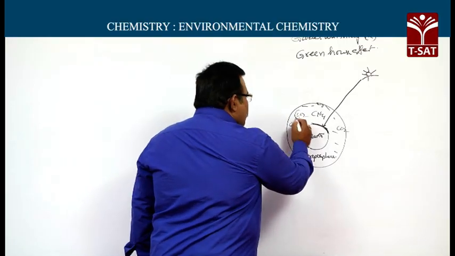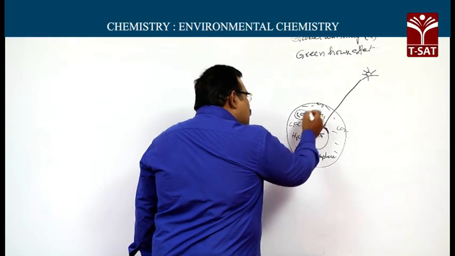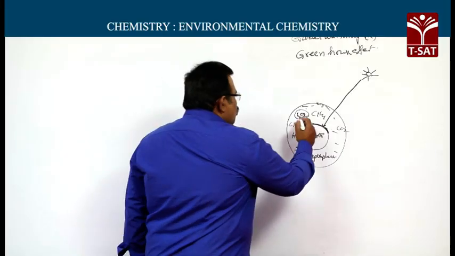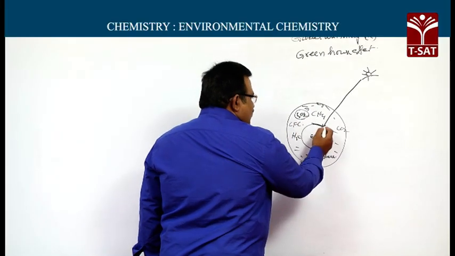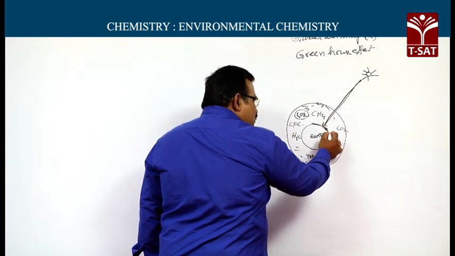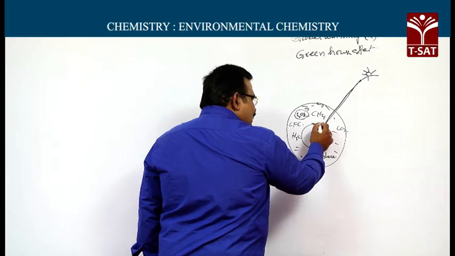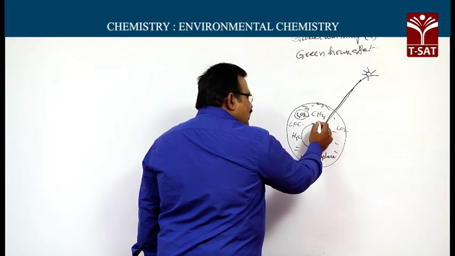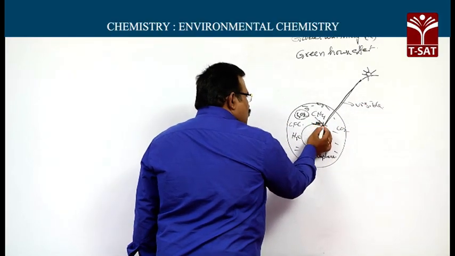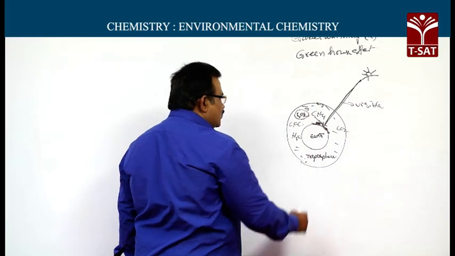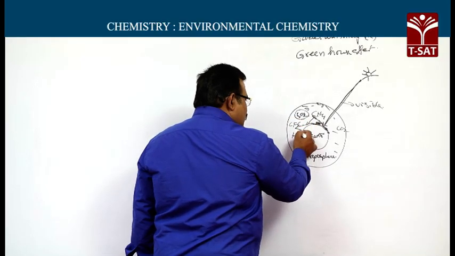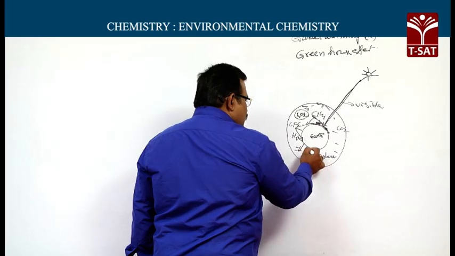The carbon dioxide mainly allows the visible rays only; it won't allow infrared rays to pass. That's why the visible rays coming from the sun strike the earth surface and heat will be produced. Heat is nothing but infrared rays. These are visible rays. This infrared ray will not be thrown out from the troposphere; the infrared rays are circulating around the globe like this.